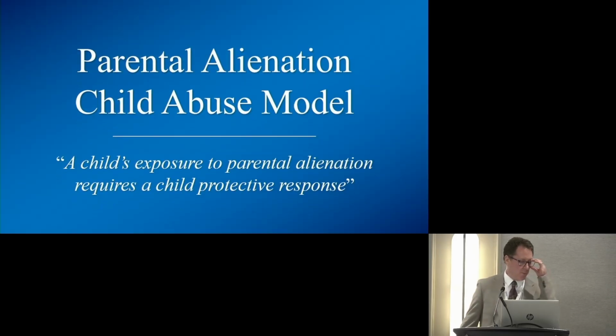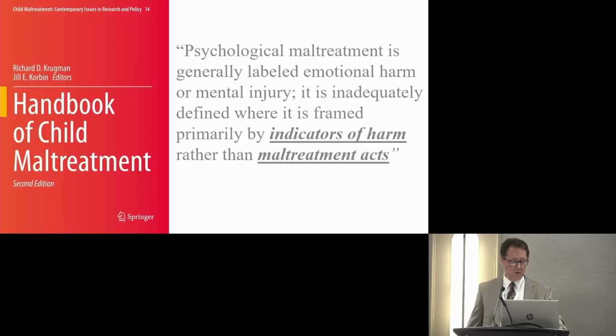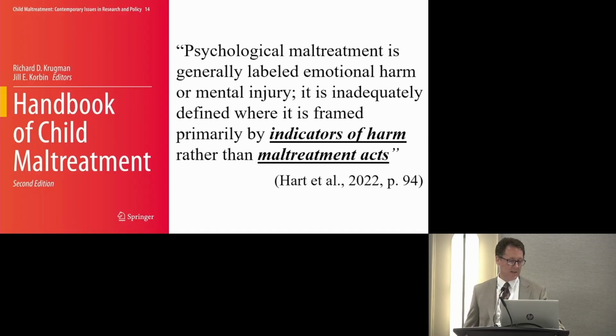So the parental alienation child abuse model, as I said before, posits that a child's exposure to parental alienation requires a child protective response. Now let's take a close look at the relevant scientific research which supports this model.